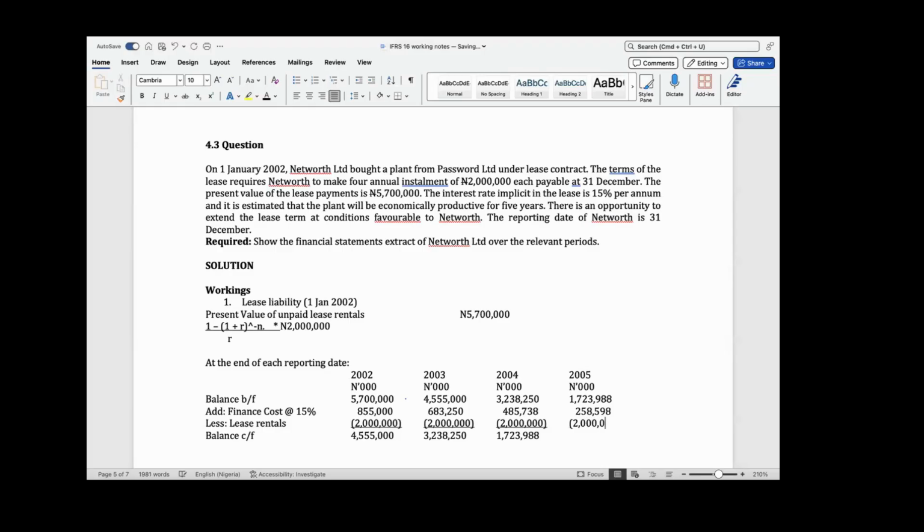Remove 2 million. Ordinarily, this should give us 0. If it's not giving you 0, it's an approximation issue. But whatever, let's have it.